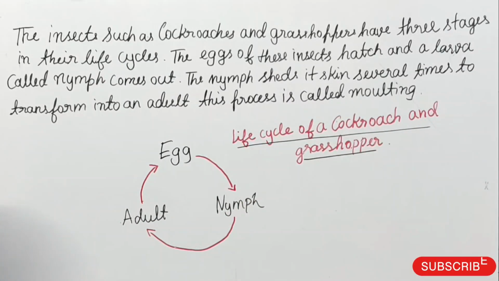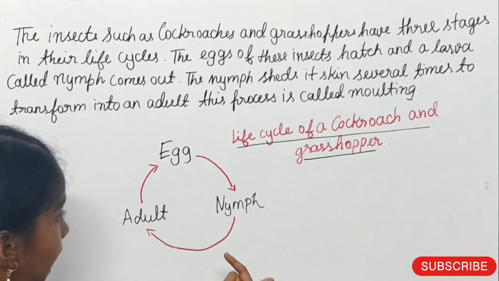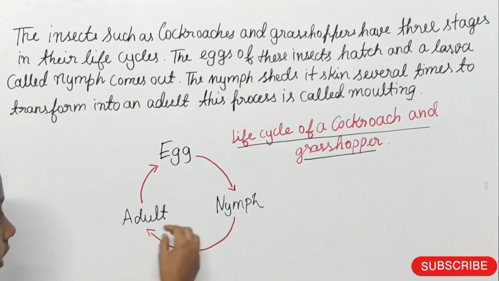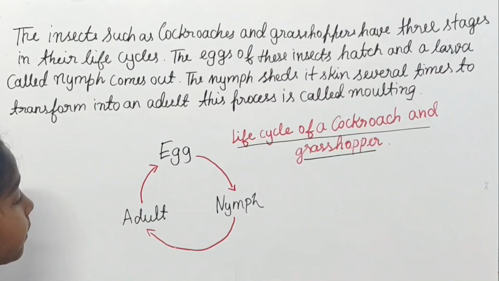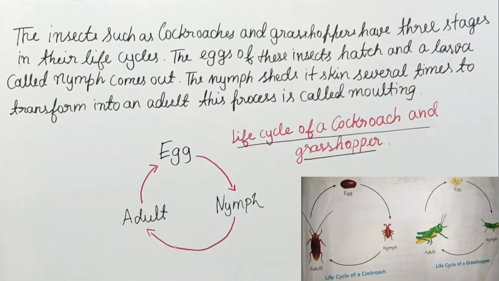That nymph sheds its skin, and from that, the nymph becomes an adult grasshopper or cockroach. So this process will be repeating. Okay, so now आपको हिंदी में समझाती हूँ.